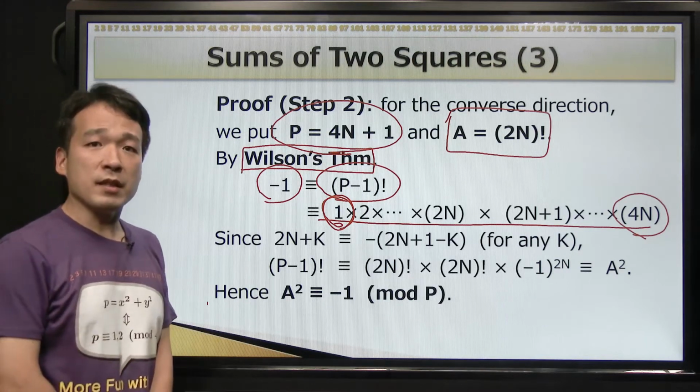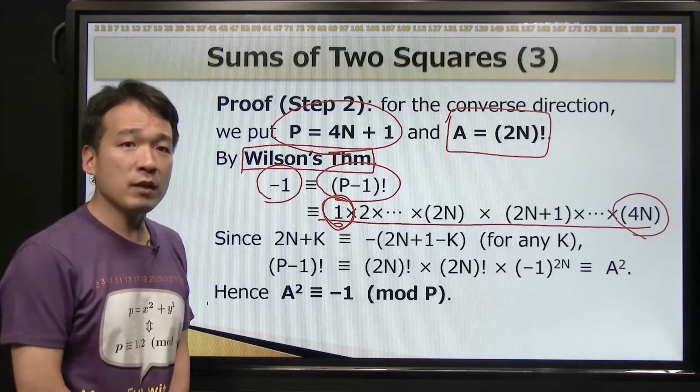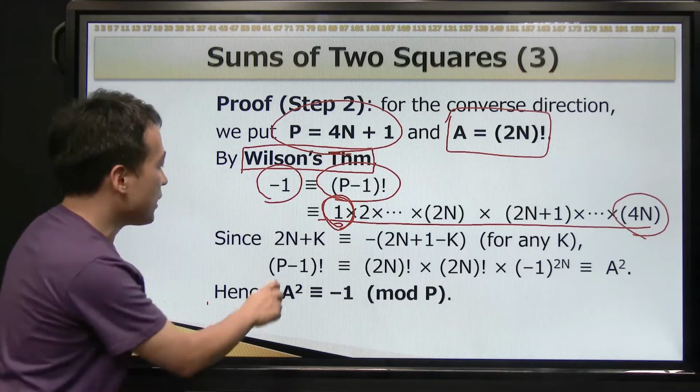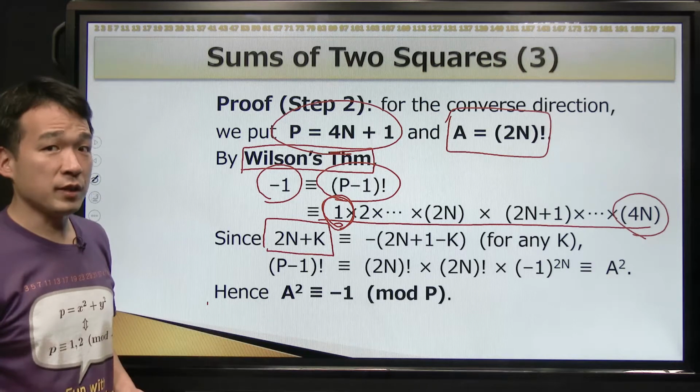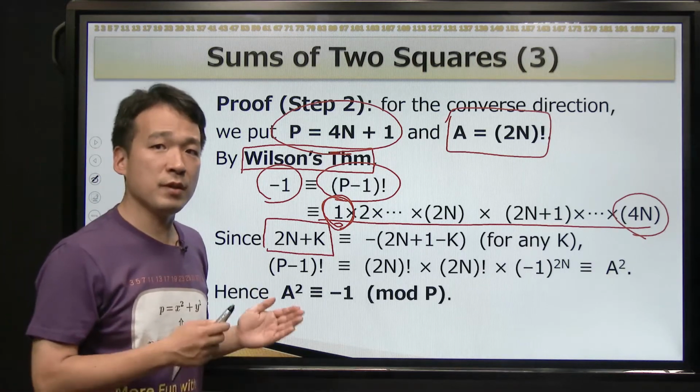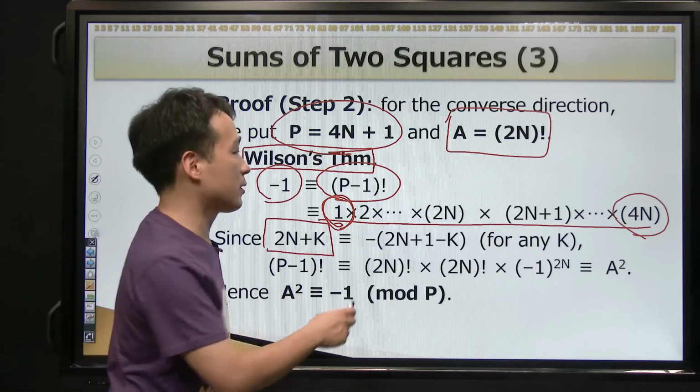Since p is equal to 4n plus 1, 2n plus k is congruent to the minus of 2n plus 1 minus k.